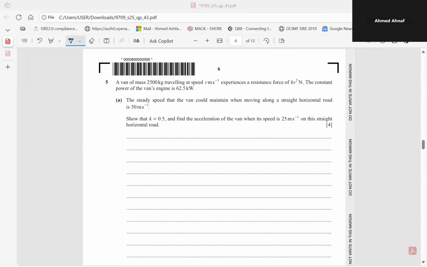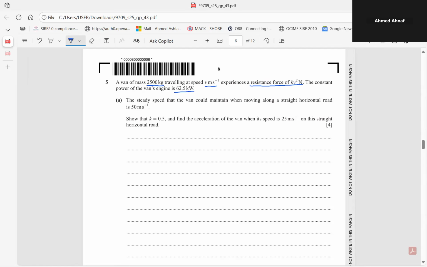Okay, so for this question, we're told that a van of mass 2,500 kg traveling at a speed v meters per second experiences a resistance force of kv squared newtons. The constant power of the van's engine is 62.5 kilowatts.